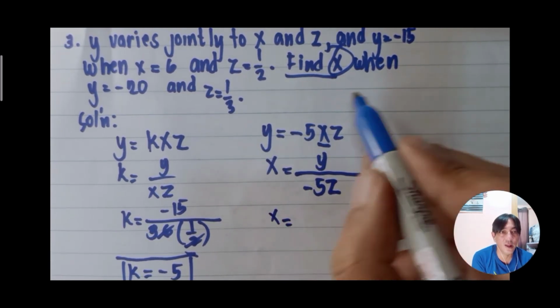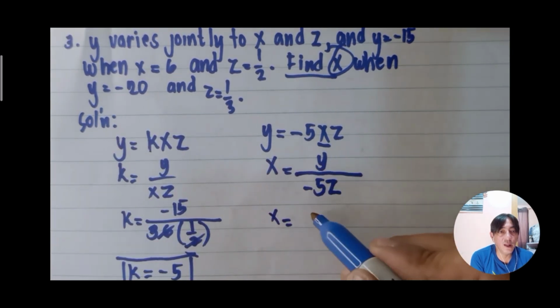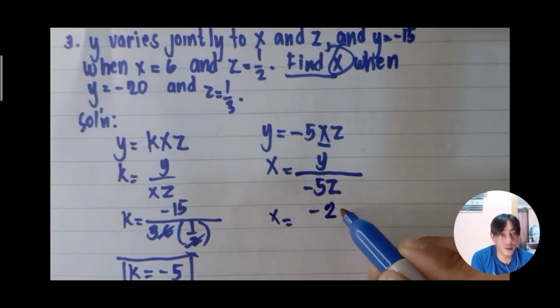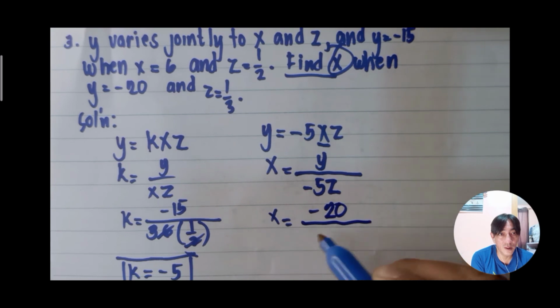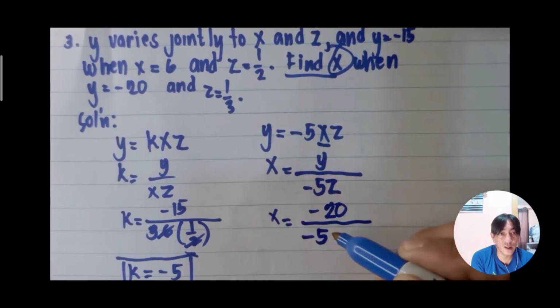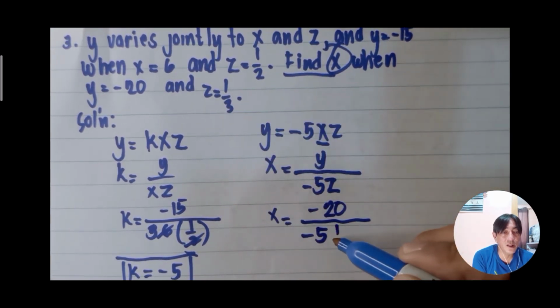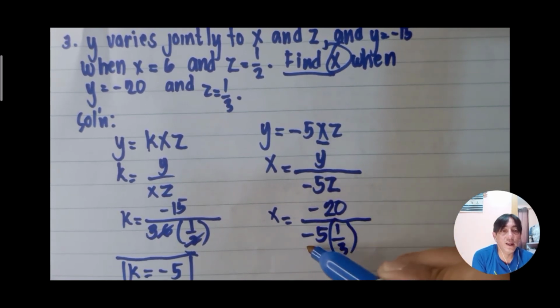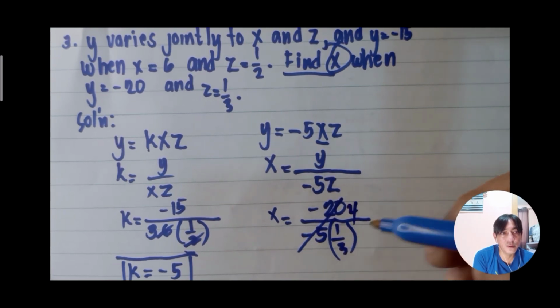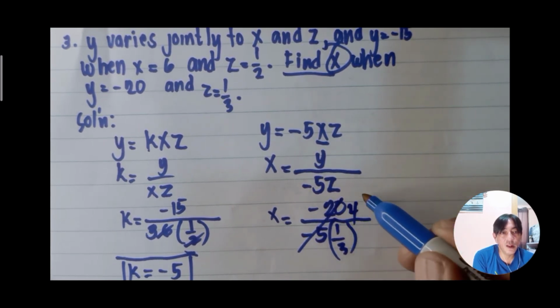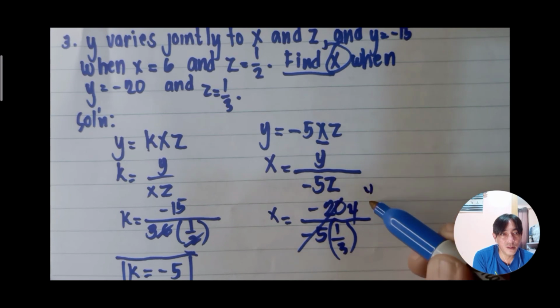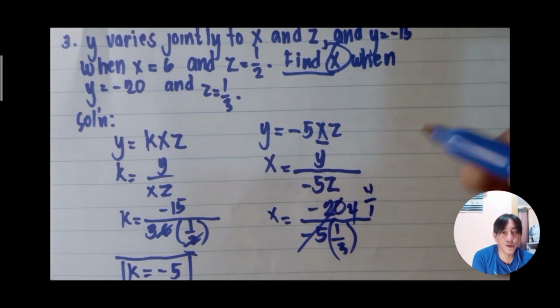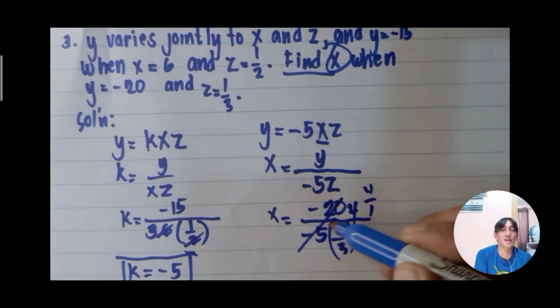Okay, substitute natin. Ang y daw ay negative 20. And then, ang ating constant ay negative 5. And z is 1/3. Okay, so, negative 20 divided by negative 5 will be 4. And can be written also as 4 over 1. Mag-divide tayo ng fraction dito. Ang denominator natin will be 1/3.